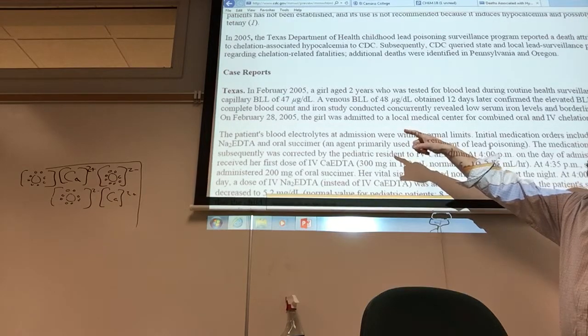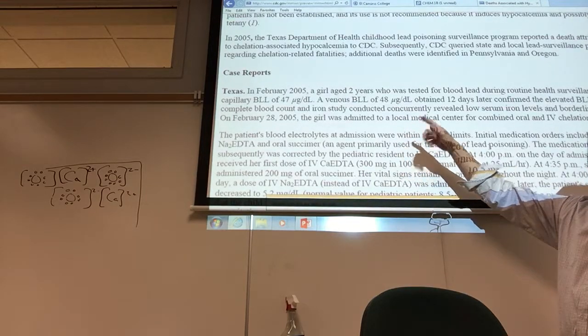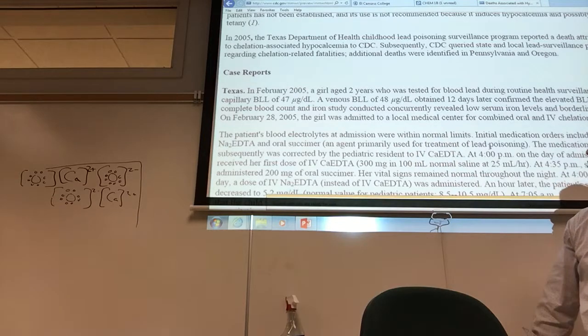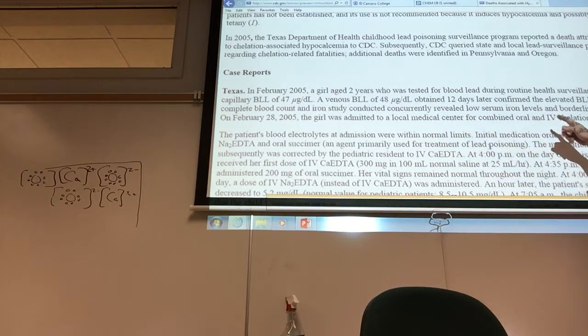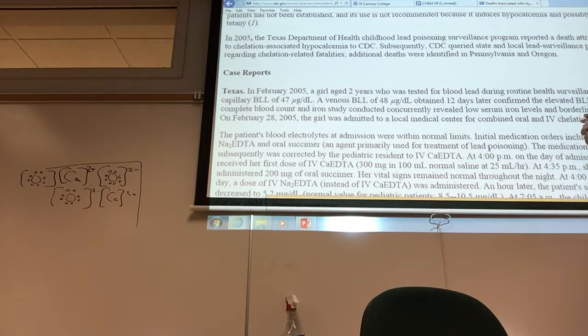But read this case report, Texas, February 2005. 2005, that's only 10 years ago. A girl aged 2 years who was tested for blood lead during routine health surveillance had a capillary BLL of 47 micrograms per deciliter. A venous BLL of 48 micrograms per deciliter obtained 12 days later confirmed the elevated blood level.